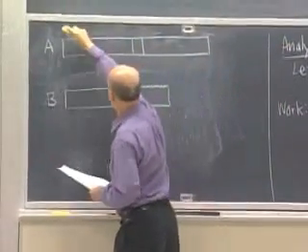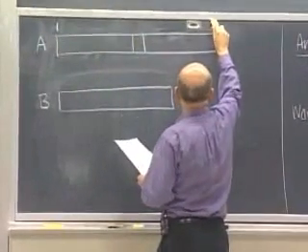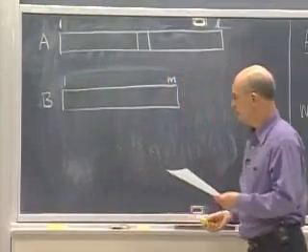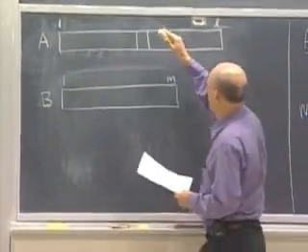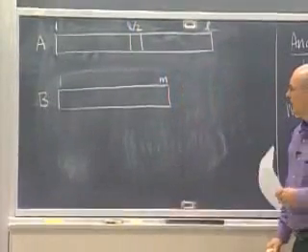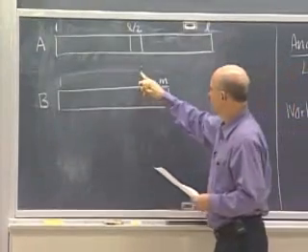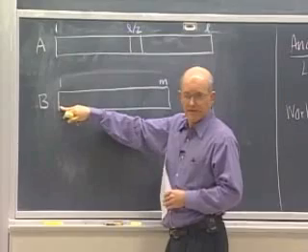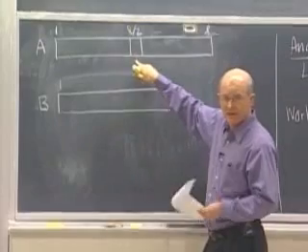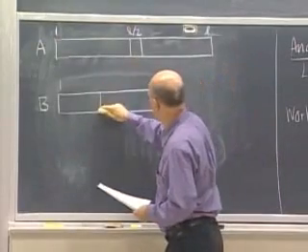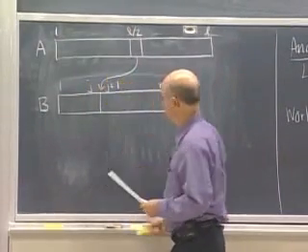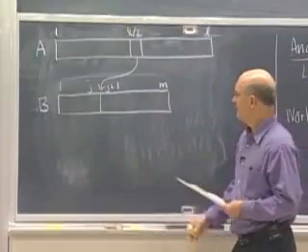So what I'll do is take the middle element of A. Let's say A goes from 1 to L, and B goes from 1 to M. I'll take the middle element, the element at L over 2, and use binary search to figure out where it goes in the array B. It goes to some point where we have J here and J plus 1 here.